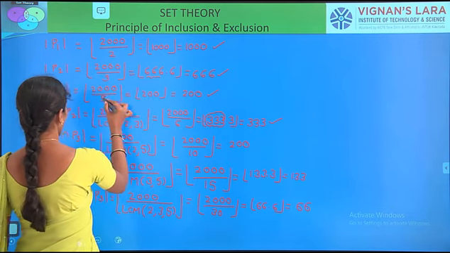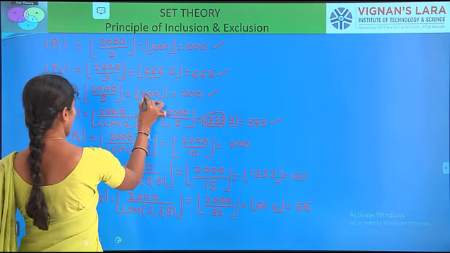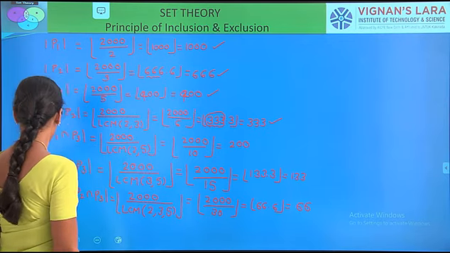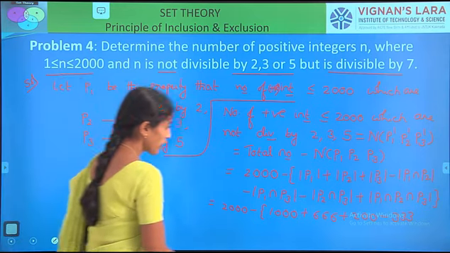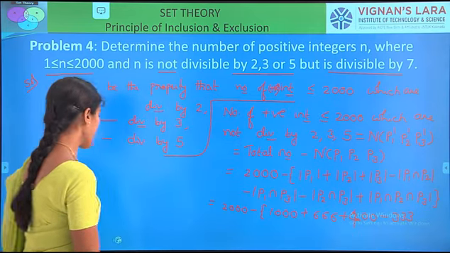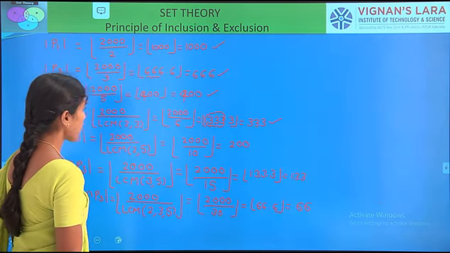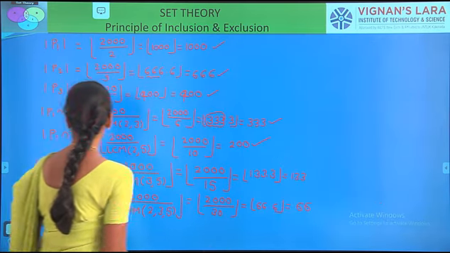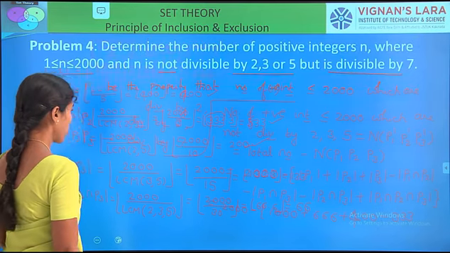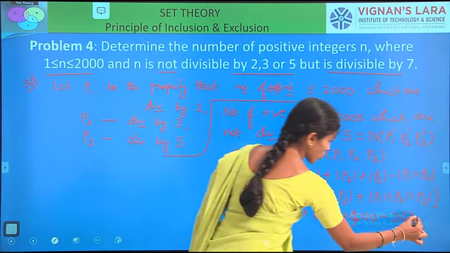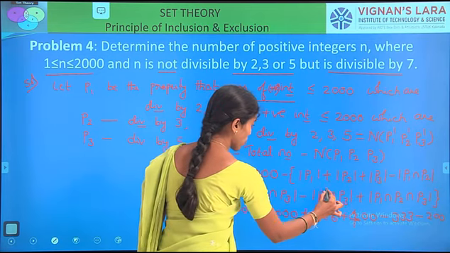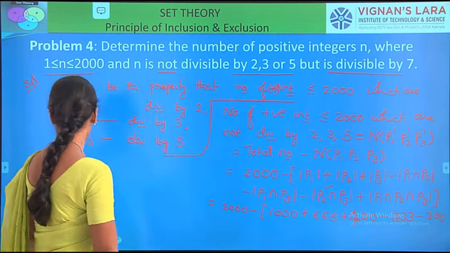Here check it: 2000 divided by 5 is 400, sorry, so the value is 400. Next, the value 200, which is P1 intersection P3, so minus 200.